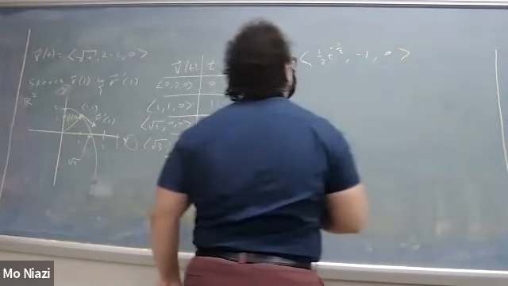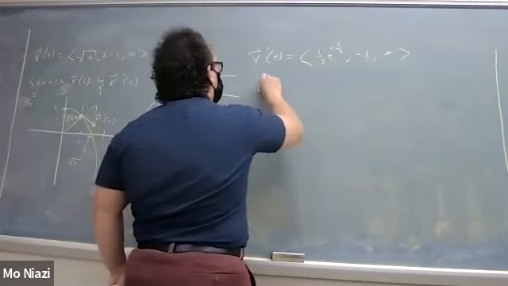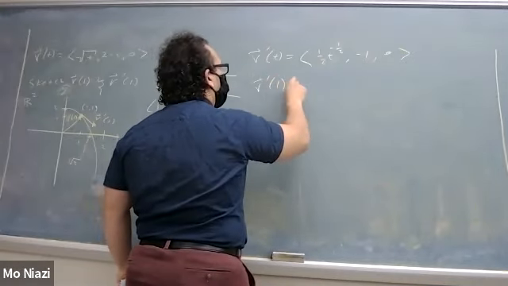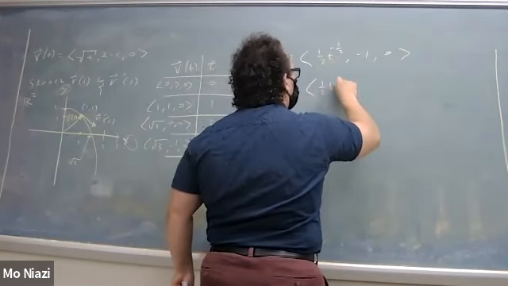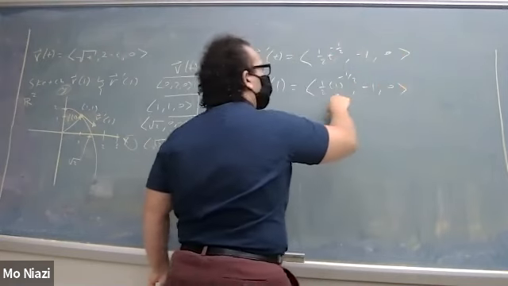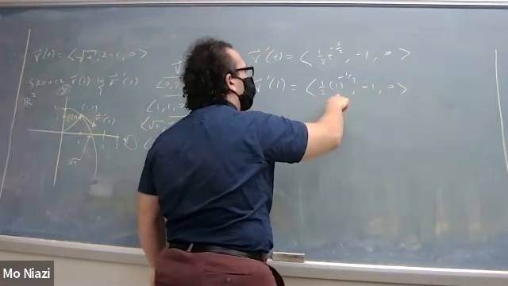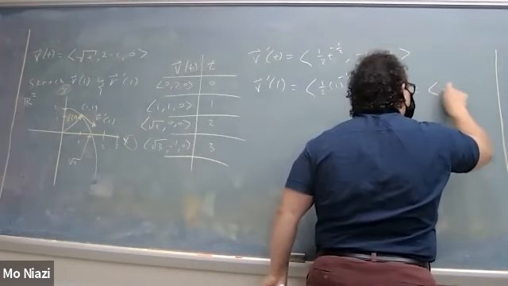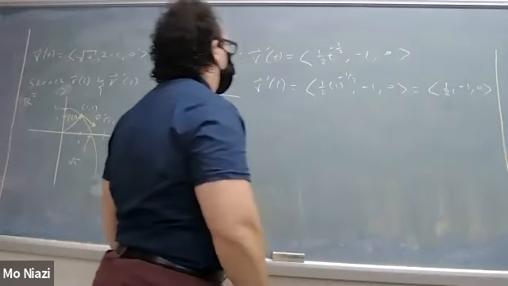Derivative of negative t is -1. And derivative of 0 is just 0. So r prime of 1 is just evaluating 1 here. So this is 1/2 times 1 to the -1/2, -1, 0. 1 to the -1/2 is 1 over square root of 1, which is 1, so 1 times 1/2 is 1/2. Boom. This is what our r prime of 1 is.